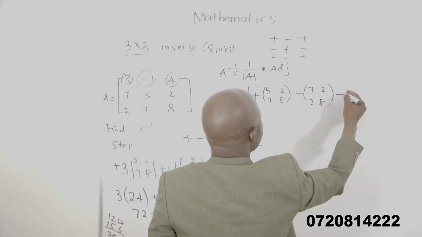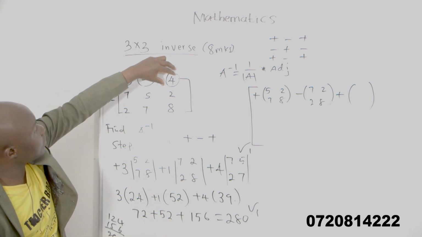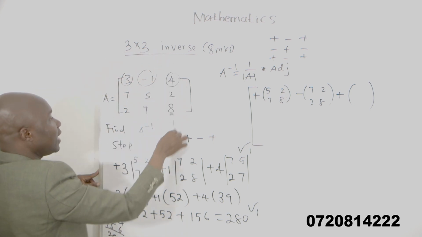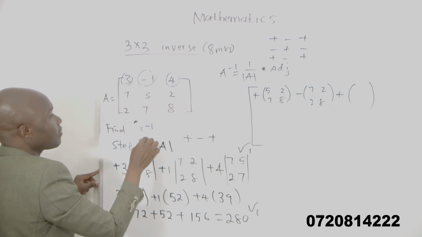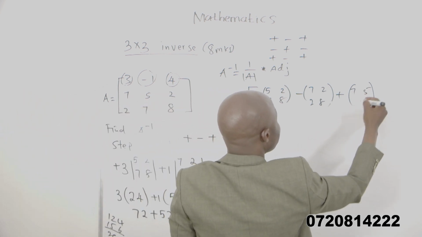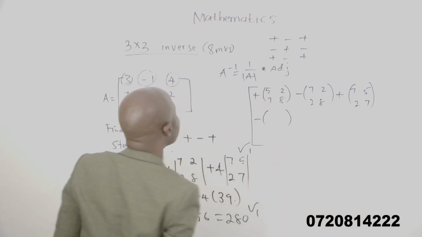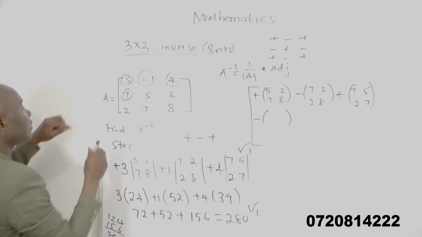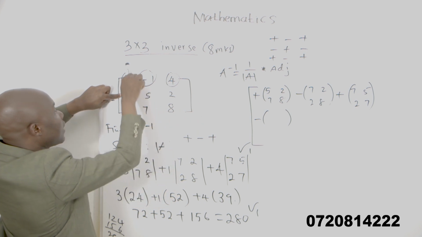Then the last part is plus at this point. So if I identify here, I delete that column and I delete that row. So I have 7, 5, 2, 7. Then I come here, which is a minus at this end. If I identify 7, we delete the entire row and the entire column.